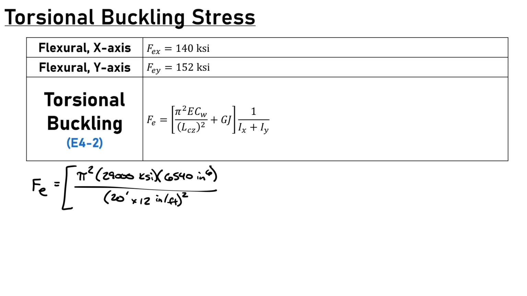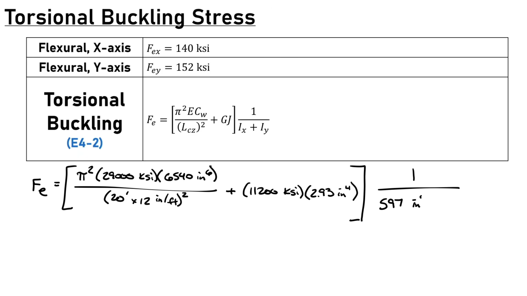Square that. And now we'll add the torsional term, which is G, which is 11,200 ksi, multiplied by our torsional constant J, which for this is 2.93 inches to the fourth. This is then going to be multiplied by 1 over Ix plus Iy, so it's your two moments of inertia. So strong axis is going to be 597 inches to the fourth, and my weak axis is 195 inches to the fourth.